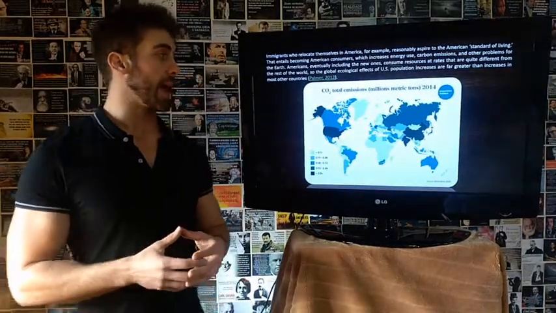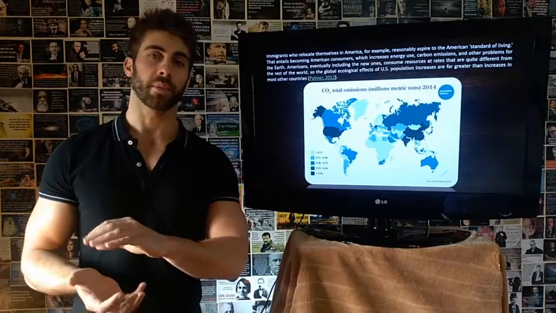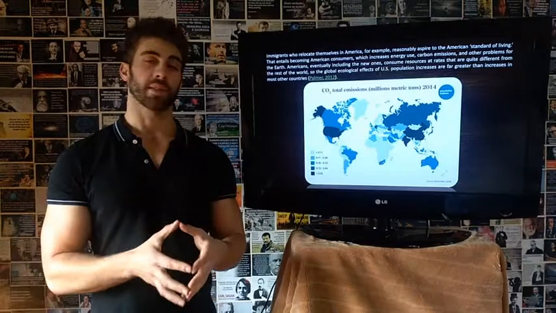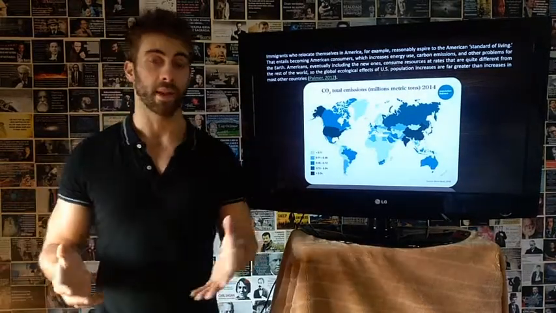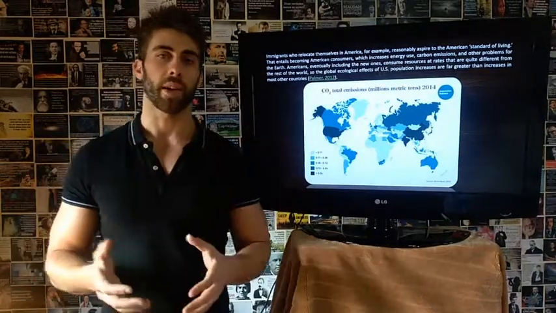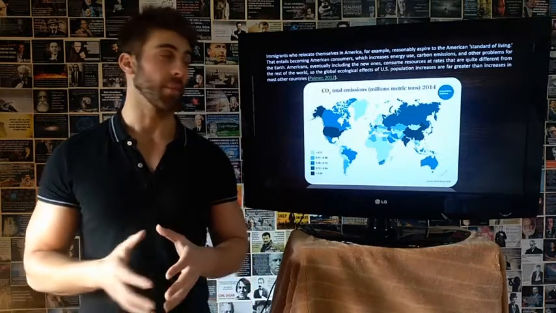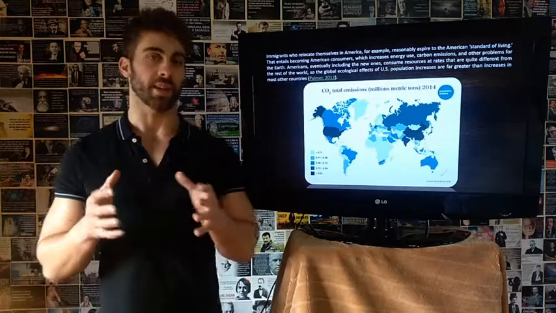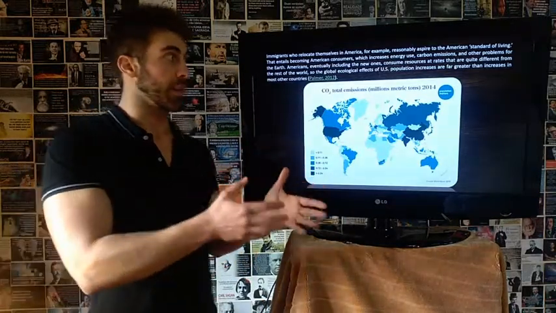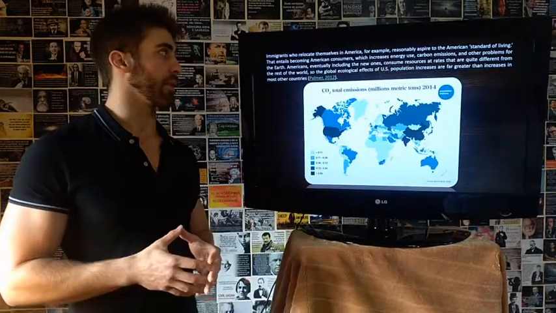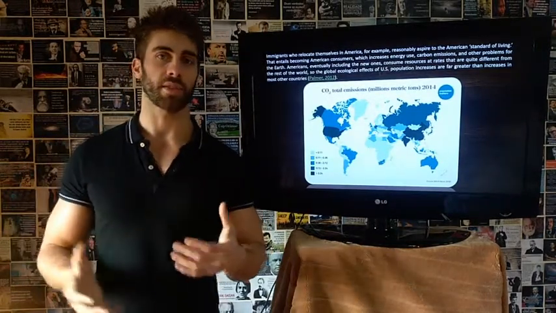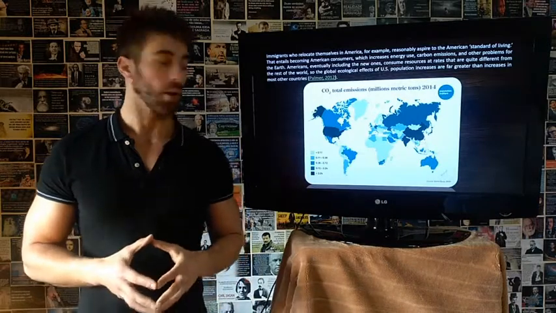And by moving from a lower income to a higher income, people, as Palmer says, immigrants who relocate to America, for example, will reasonably aspire to adopt the standard of living in America. This entails becoming American consumers, which increases energy use, carbon emissions, and other problems for the environment, eventually leading to new ones because the consumption of resources changes so much across the entire world.